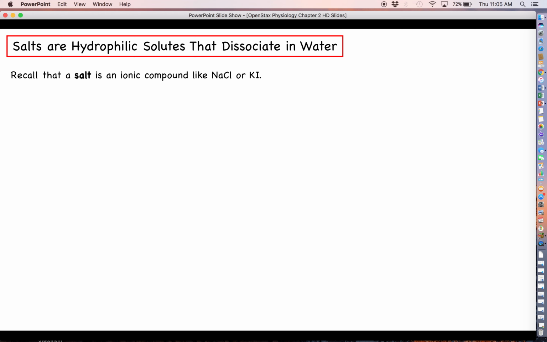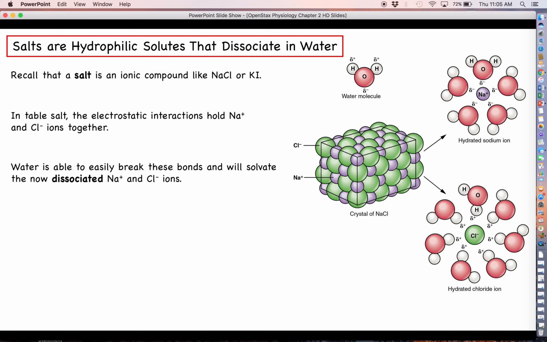So something that we mentioned before, going back to the whole hydrophobic, hydrophilic aspect, we talked about how salts, ionic compounds like sodium chloride or potassium iodide, are readily dissolvable in water. So in table salt, for example, the sodium chloride that we looked at, when that salt is a solid and not yet dissolved in water, it is electrostatic interactions that hold the positive sodiums and the negative chloride ions together.